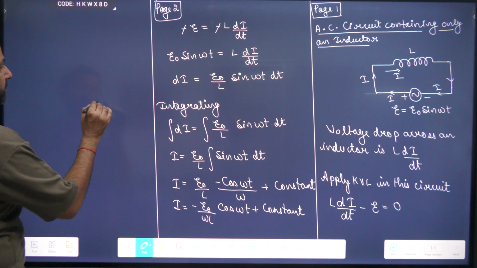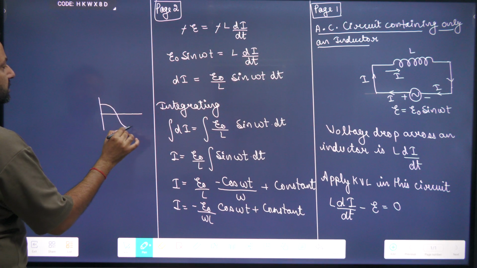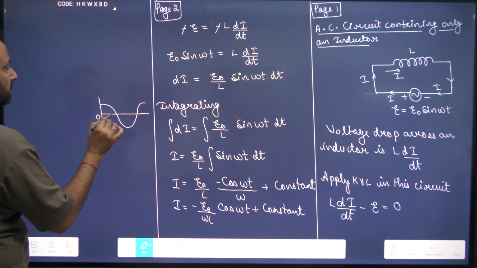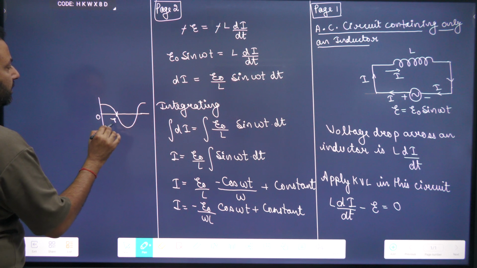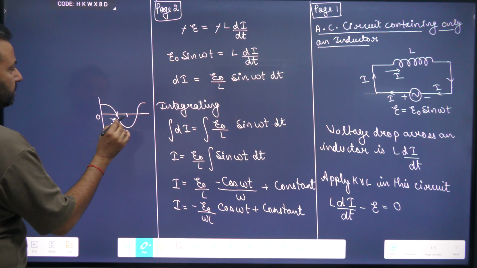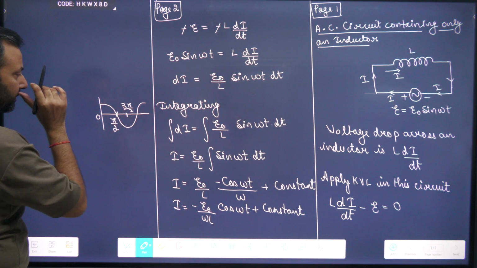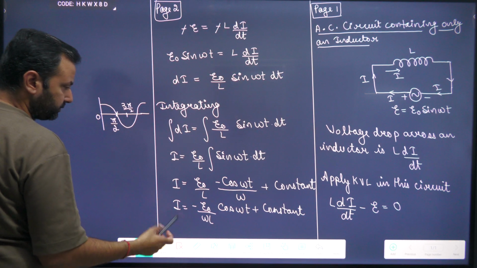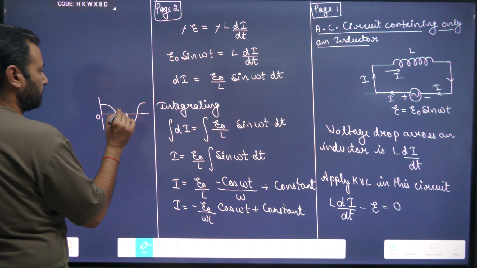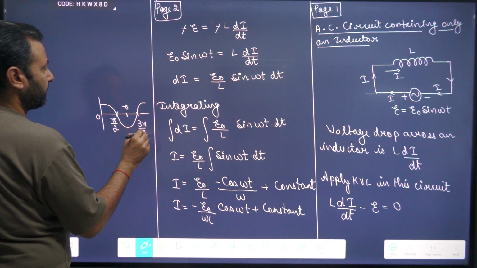So the standard graph of cos theta is like this. This one is 0, this one is pi by 2, this one is pi, and this one is 3 pi by 2.